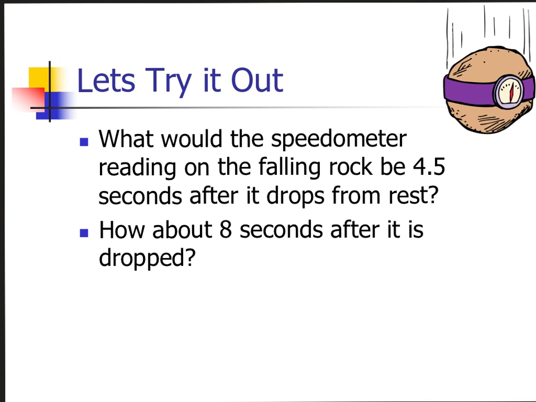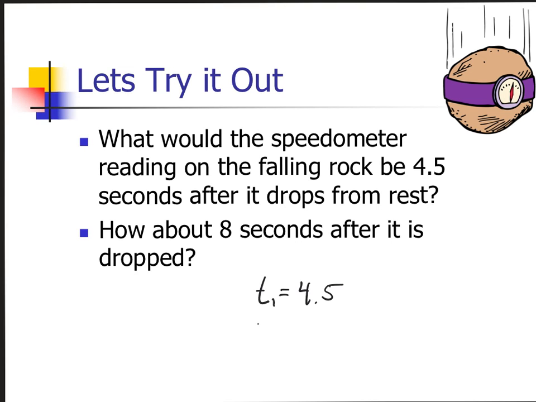Let's try it out. What would the speedometer reading of a falling rock be at 4.5 seconds after it drops from rest? Using the equation, we can find some things out. First off, we're going to say that T1 is equal to 4.5 seconds.